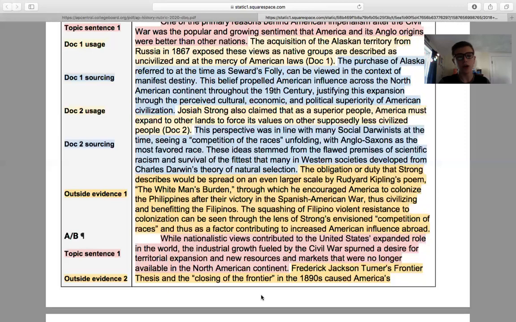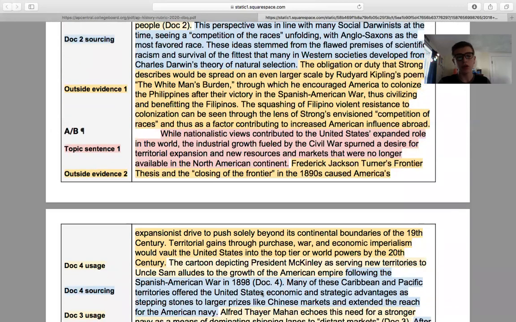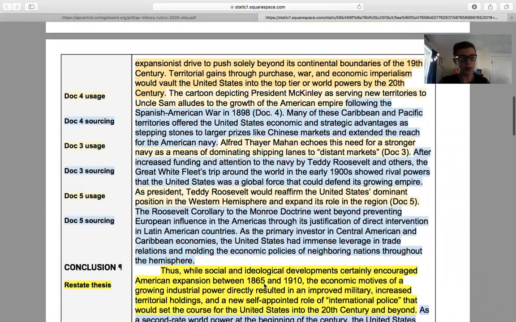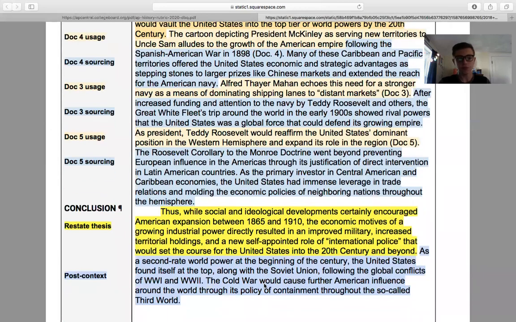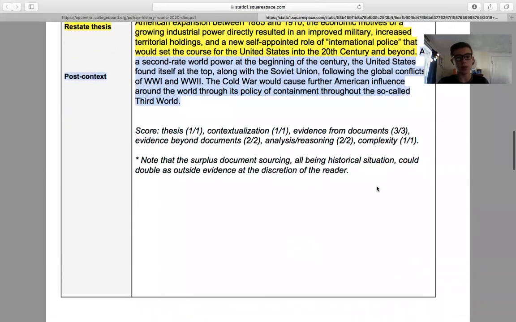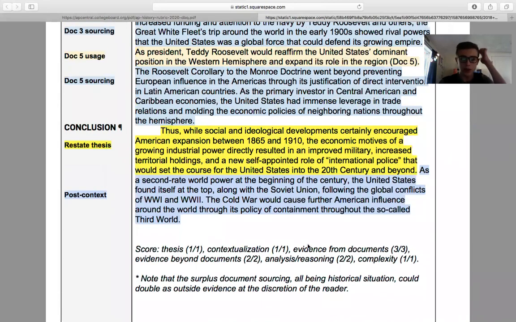Make sure you do your HAPPs for 2 of them at least. And then make sure at the end, you restate your thesis, and make sure you get your complexity point somewhere in here. You're going to want to get something like this in there, and that will give you the complexity point. So really, it's not hard to go for a 5. Try your best. Good luck.